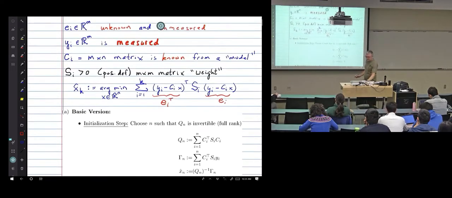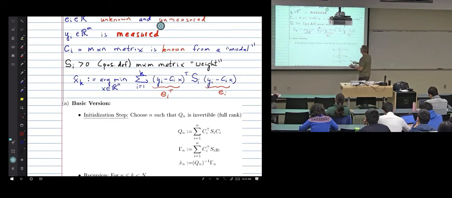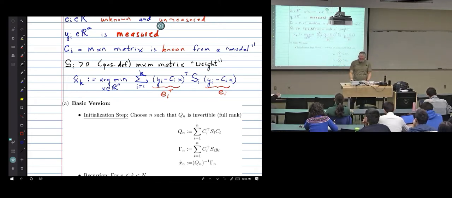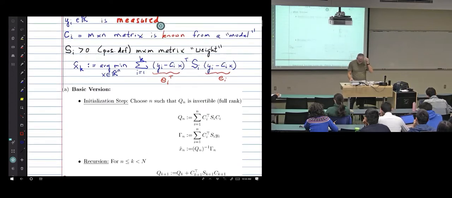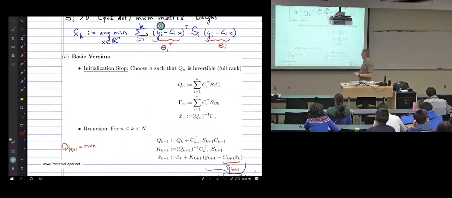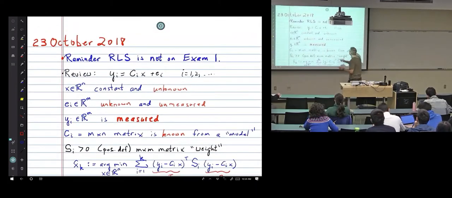Now, some of the stuff that's bugging you a little bit right now is, where does this come from? How do I choose it? Do I just go like this? Do I ask my neighbor? So what we're working towards is coming up with, A, how do you choose the weighting terms in weighted least squares? And then how do you handle problems where this thing I'm trying to estimate is not a constant?